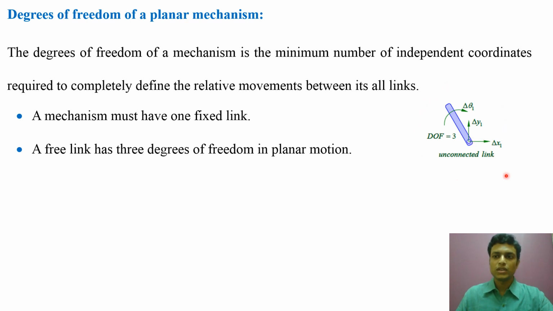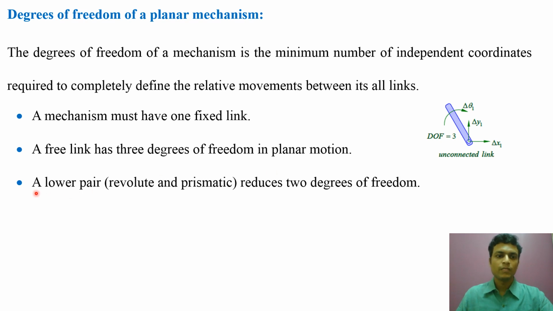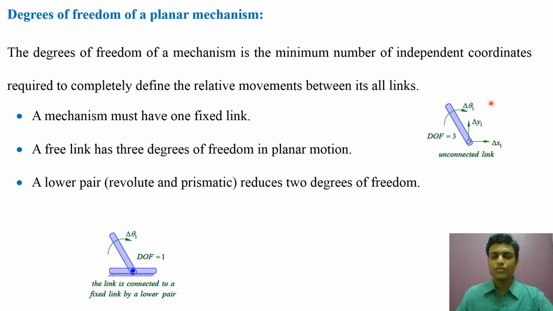Now let us come to the third point: a lower pair, that is revolute or prismatic, because for a planar mechanism lower pair means revolute pair or prismatic pair, reduces 2 degrees of freedom. Let me explain this also. Now this free link has been connected to this fixed link by a revolute pair here.